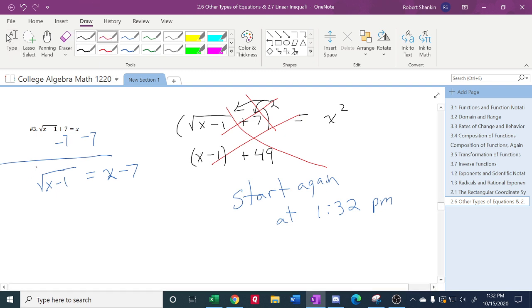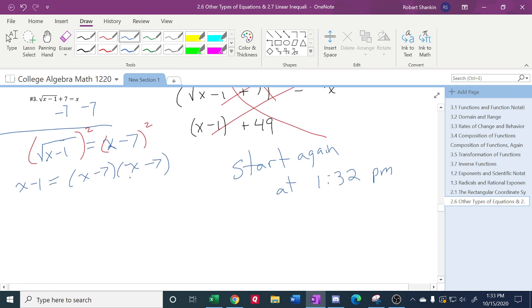So we do this. Square root and the square kill each other off. And this has to be multiplied out by foiling it. You got to get that middle term. If you just distribute the x squared plus 49 or something like this, it's not going to give you correct solutions.